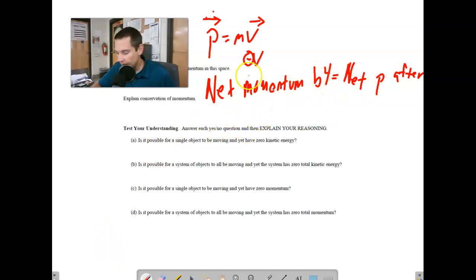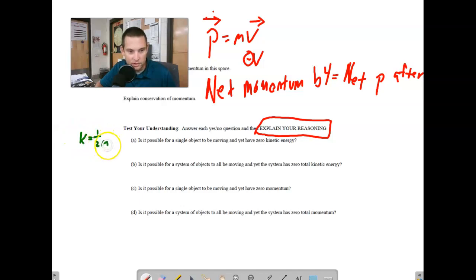Alright, on to the next one. Explain your reasonings. Answer yes or no and then explain. Please make sure you are explaining your reasonings sufficiently. Is it possible for a single object to be moving and yet have zero kinetic energy? Well, we know the kinetic energy equation equals 1/2 mv squared.